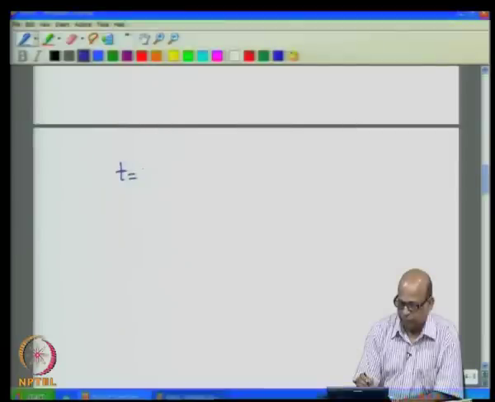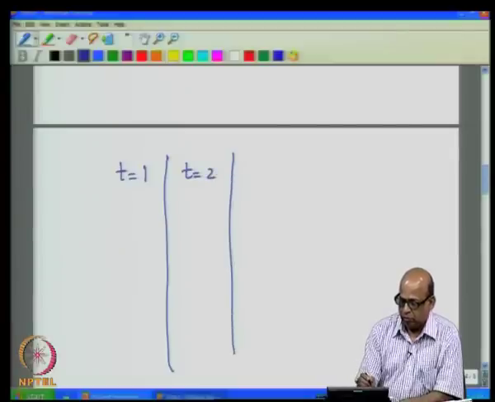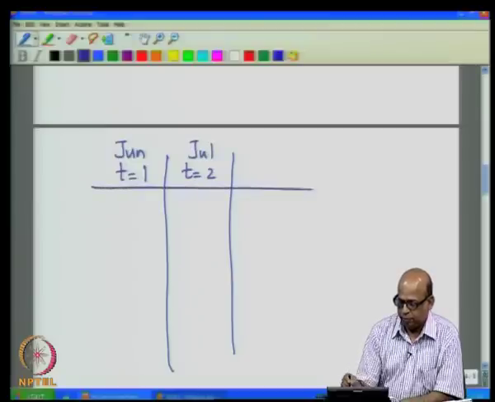We will also do some case studies later on, but let us examine how we estimate the transition probabilities from one time period to another time period. Let us say we are in t is equal to 1 and t is equal to 2. So, t is equal to 1 may be June month, t is equal to 2 may be July month.